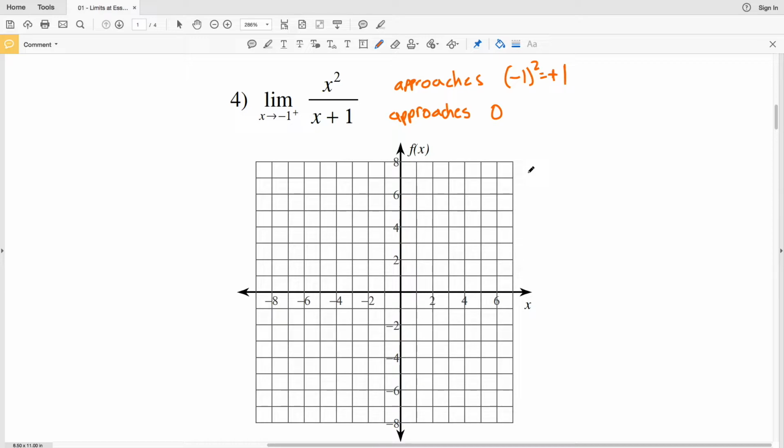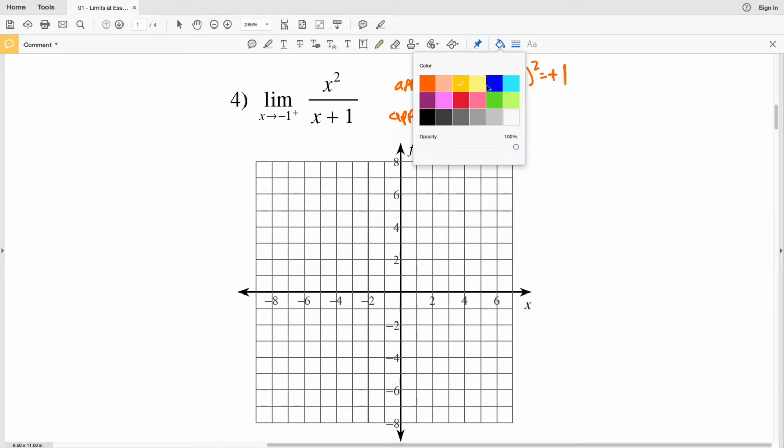Now we need to figure out whether it's approaching 0 as a negative number or whether it's approaching 0 as positive numbers. Well, looking at our limit, we're coming from the right of negative 1. So entering in a value to the right of negative 1 would be a value that's greater than negative 1, such as 0. And 0 plus 1 is positive.